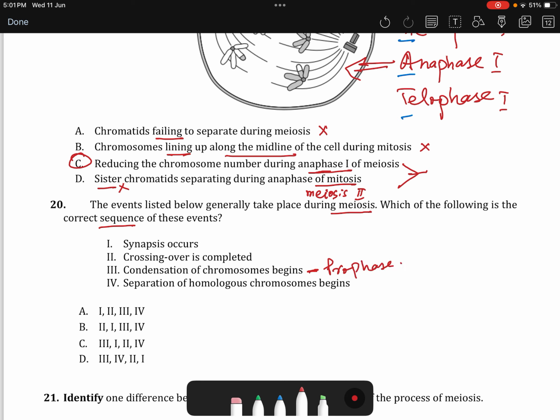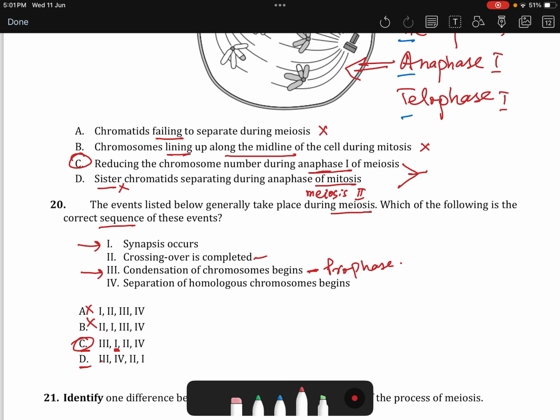Then it leads to synapsis. So from here to here, start with 3. So either this or this, these two are not the answer. And after 3 I told you 1, so here we have 1. C is the answer. Khalas, done. And not the next one.